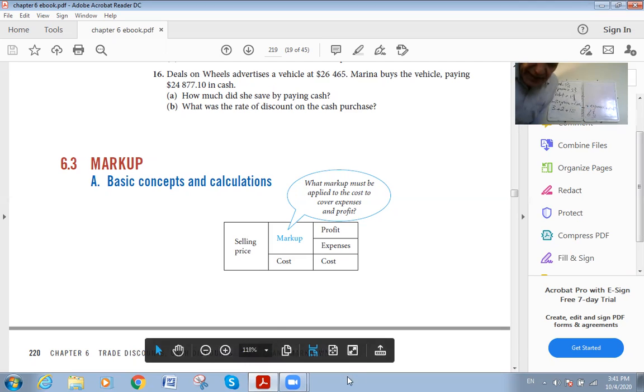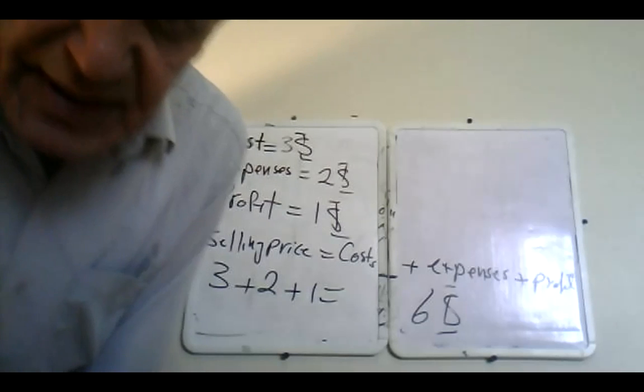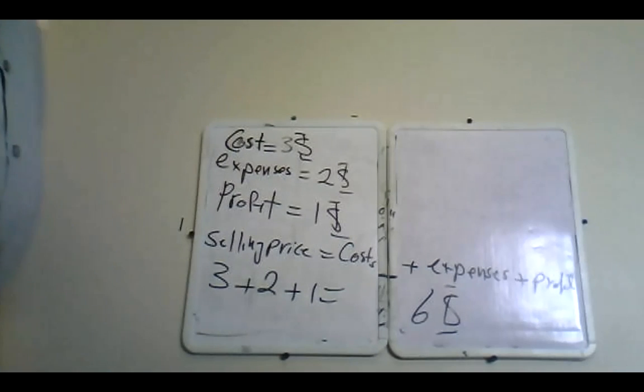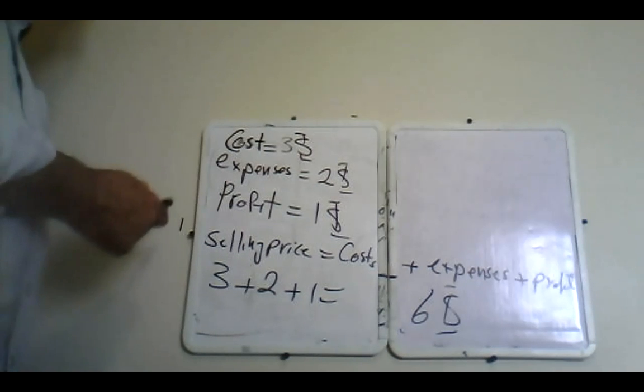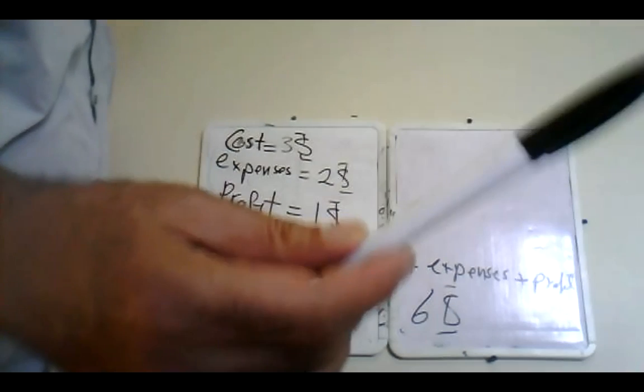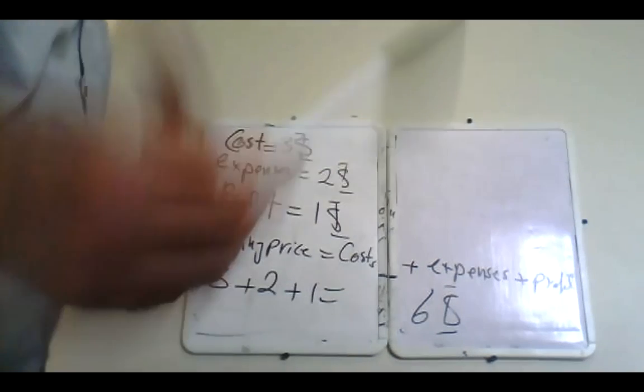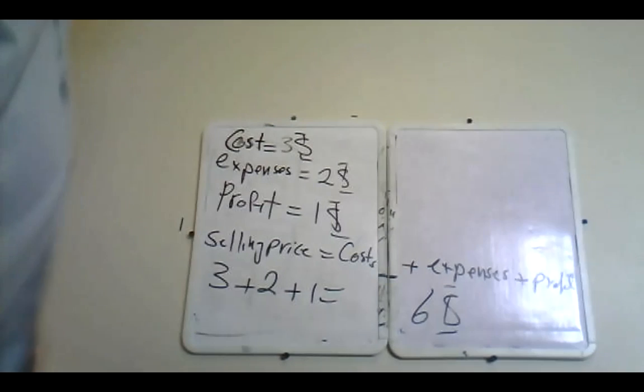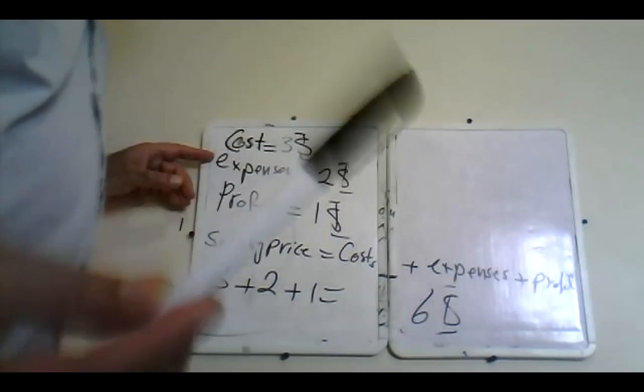Let me stop sharing and show you what I'm talking about when the screen is full. So what do we mean by markup? First I have to determine the selling price. If I'm a seller selling this pen, the cost of this pen is $3.